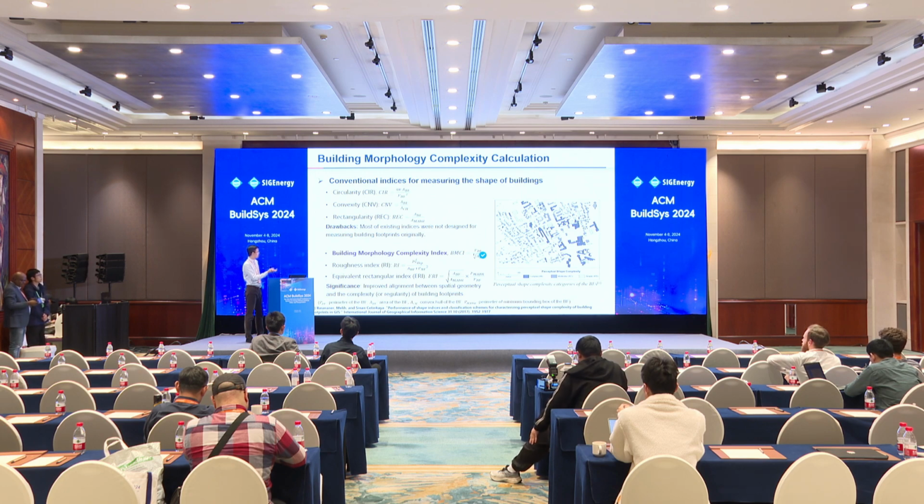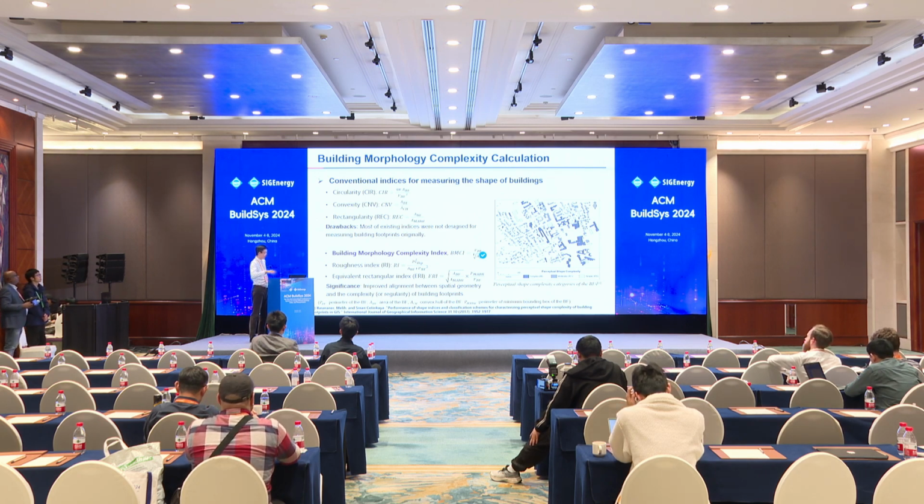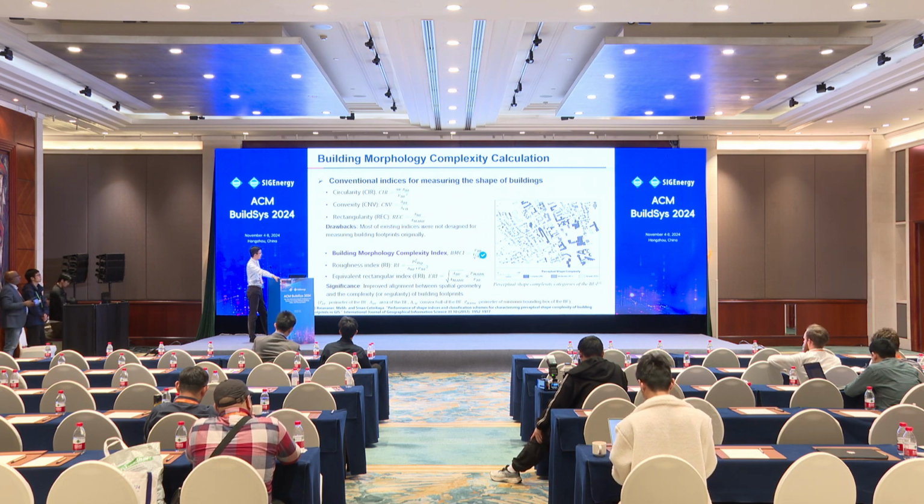how to design a new index to measure the morphology of buildings. We simply refer to existing research literature, and we examined all the indexes here, and we found that they typically focus on different aspects of a building's shape.